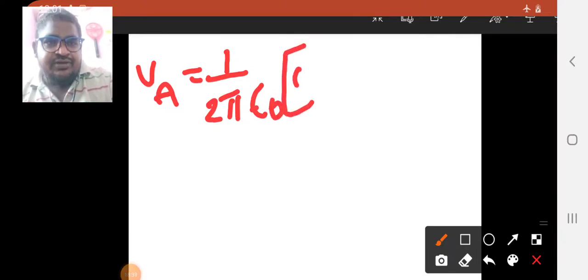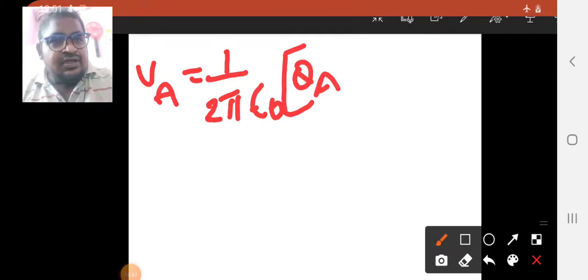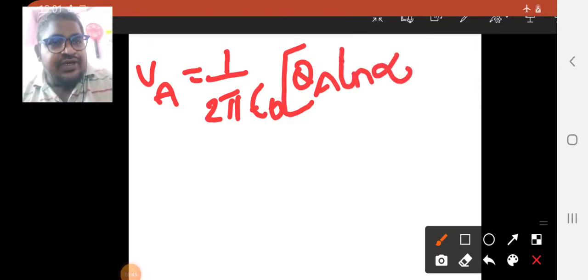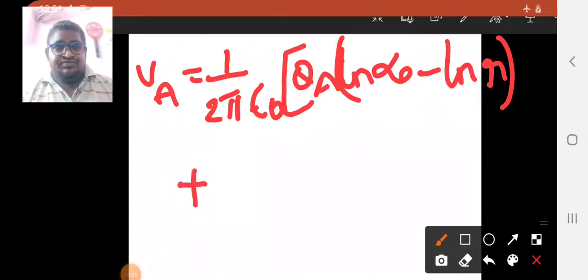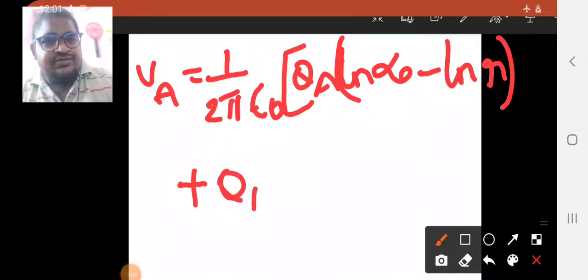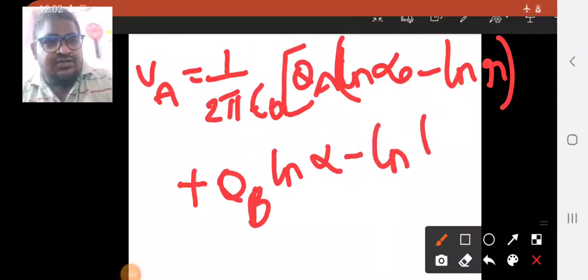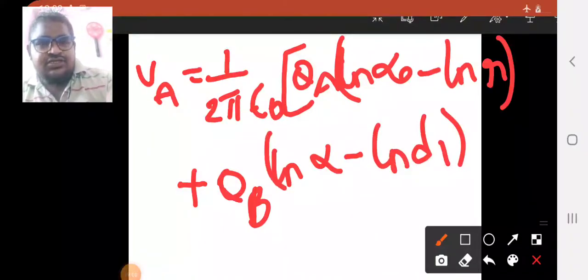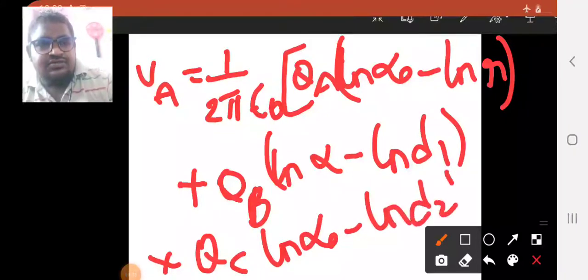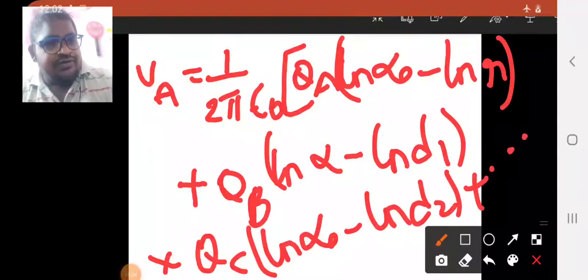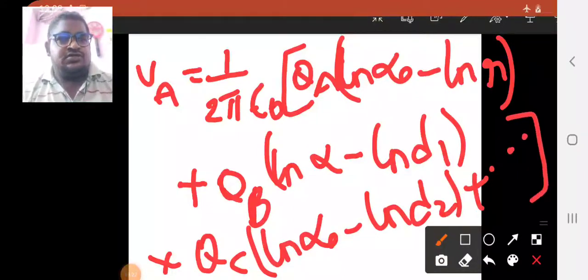First if I take QA, then it will be ln infinity minus ln r, plus QB into ln infinity minus ln d1, plus QC into ln infinity minus ln d2, plus so on.